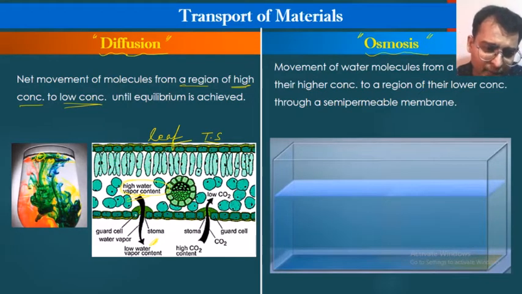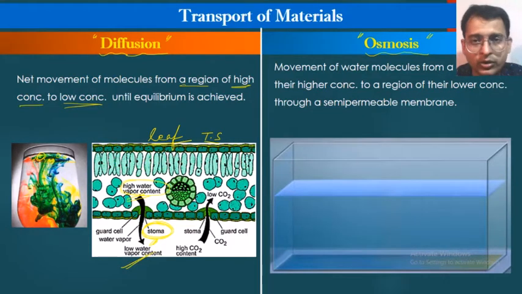So what is happening through stomata? Through stomata, this water vapor is escaping from the leaves to the outer atmosphere. What about carbon dioxide?